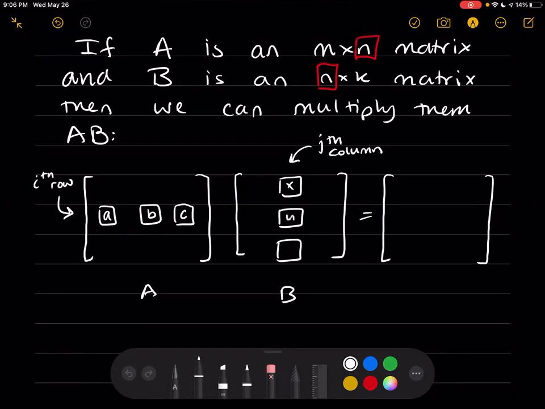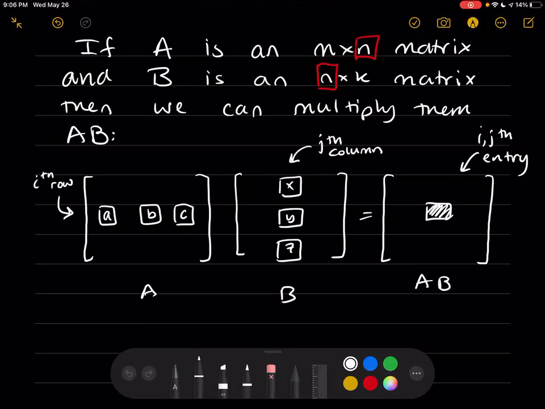Now let's give them some values like X, Y, and Z. We use the ith row of A and the jth column of B to figure out what the ijth entry of A times B is. That is, we're using the ith row of A and the jth column of B to figure out what the entry in A times B at row i, column j is.